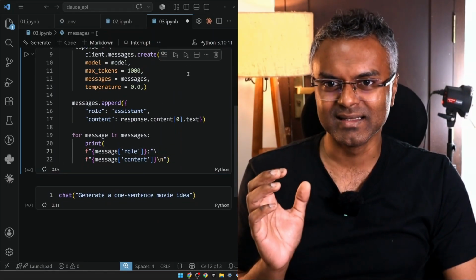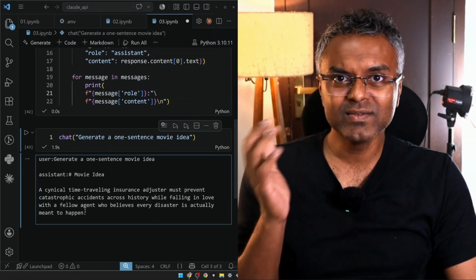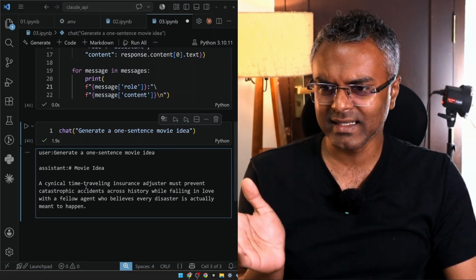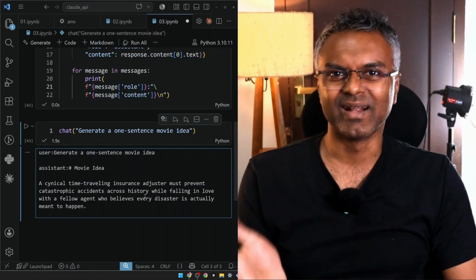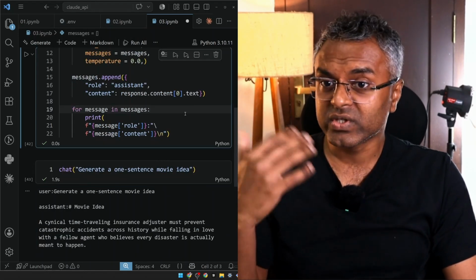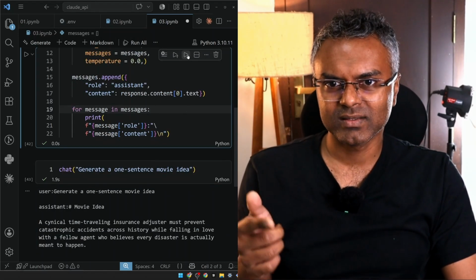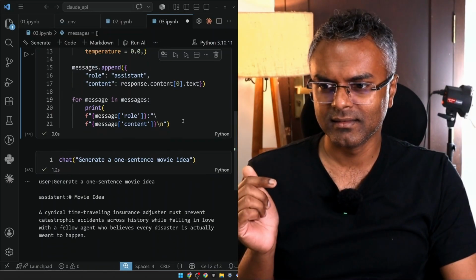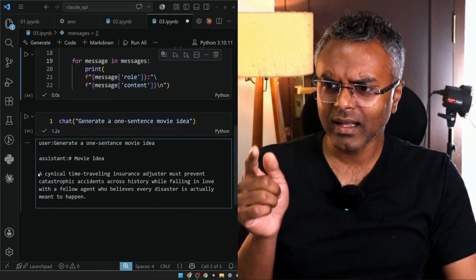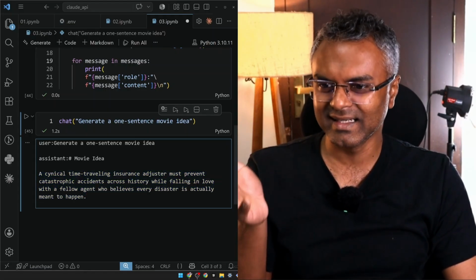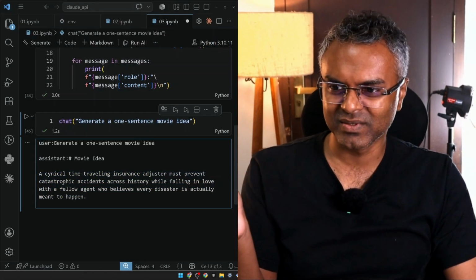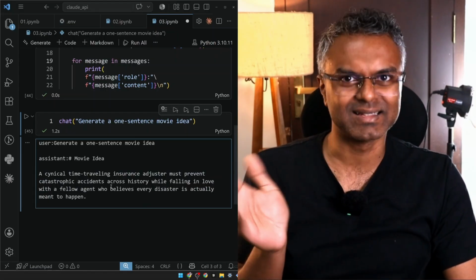Okay, so let's run this. And it gives us this idea of a cynical time traveling insurance adjuster preventing something. Let's try to generate another idea. Let me run this again. And you can see that it is basically giving us the same idea all over again. It's saying a cynical time traveling insurance adjuster must prevent some catastrophic accidents, right?